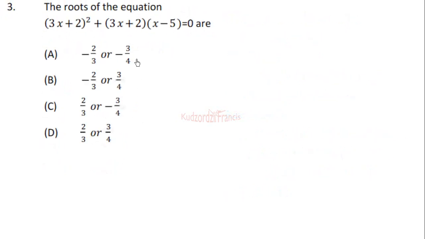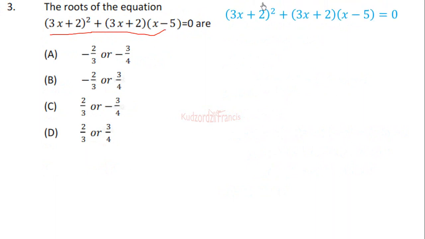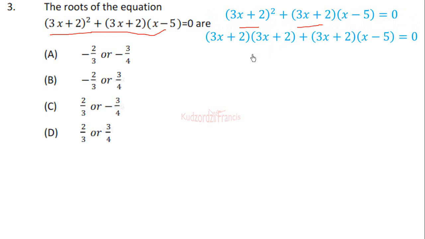The roots of the equation are, so this equation, we want to find the root. So let's go. We rewrite the equation. We can factor 3x plus 2 because it is common to both sides. So when we factor we obtain something like this. But first of all, let us rewrite this as this. Something squared means that thing by itself.